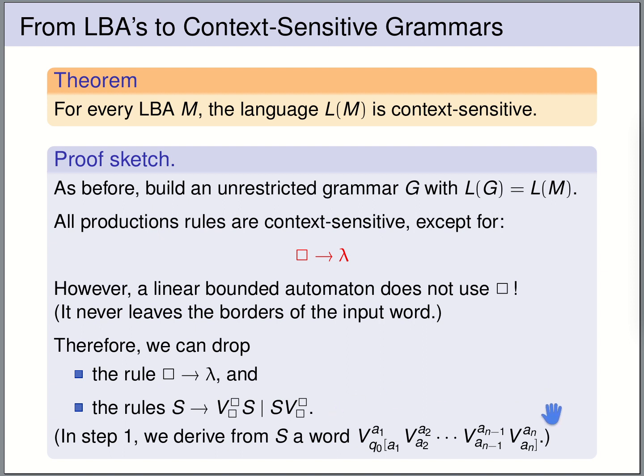So we would have to make the word shorter again. That's not what we want. So we have to include these brackets into the subscripts of our variables. This is not difficult, but it's some extra work. And after having done this, then the grammar that we have is indeed a context-sensitive grammar, and this grammar generates the same language as our linear bounded automaton, possibly except for the empty word.